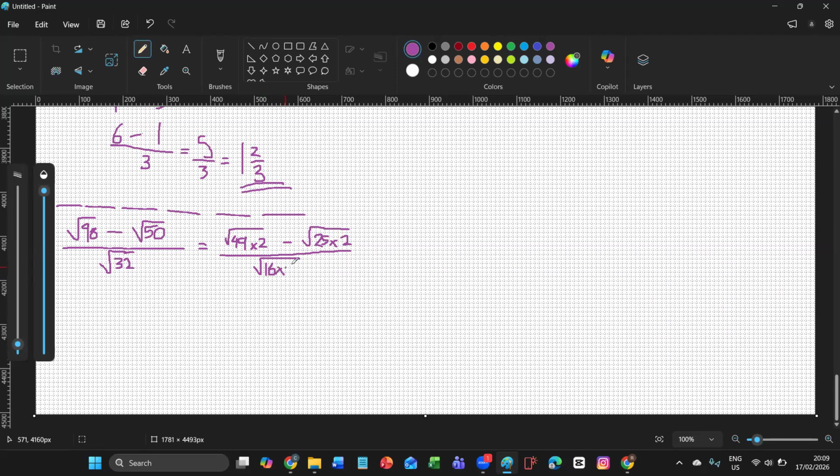And what do we have next? We can now break things down, right? We know that sod 49 is 7, so I'm left with 7 sod 2. Sorry, when my mouse wants to act like it's on its own, it writes that way.